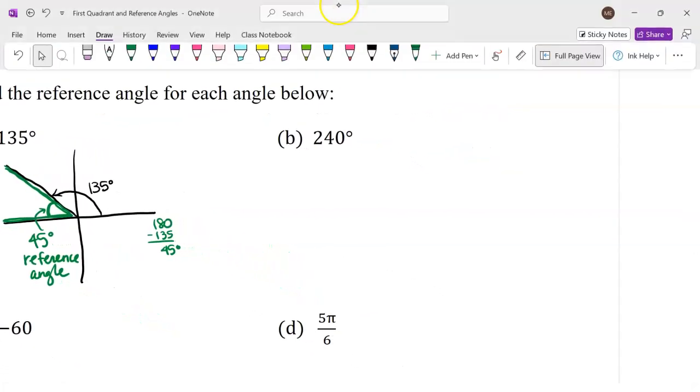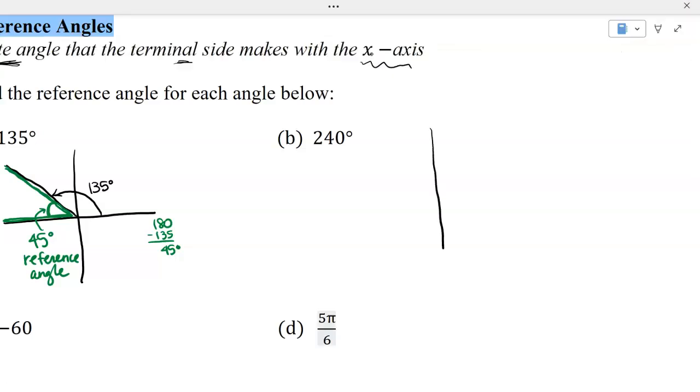If we have 240 degrees, I want you to think about what quadrant that is in. Now, if I'm trying to find the 240-degree angle, we know that going halfway, that's 180 degrees. That's not quite 240, but we're not all the way getting to 270 degrees. So this right here gives us a 240-degree angle.